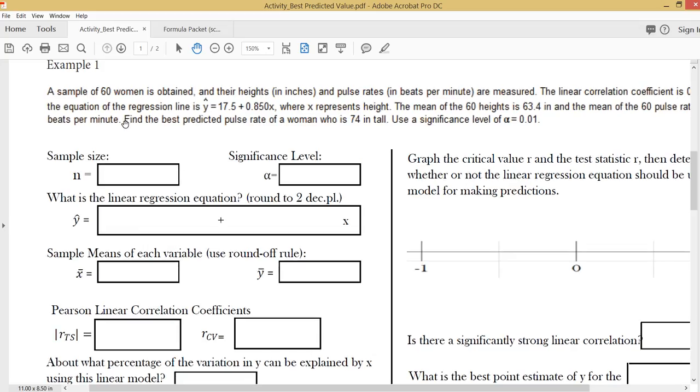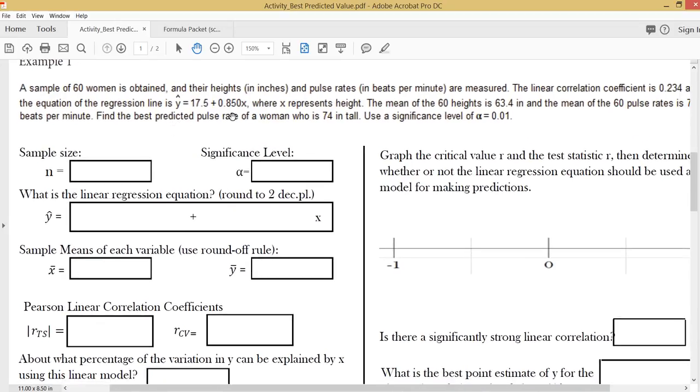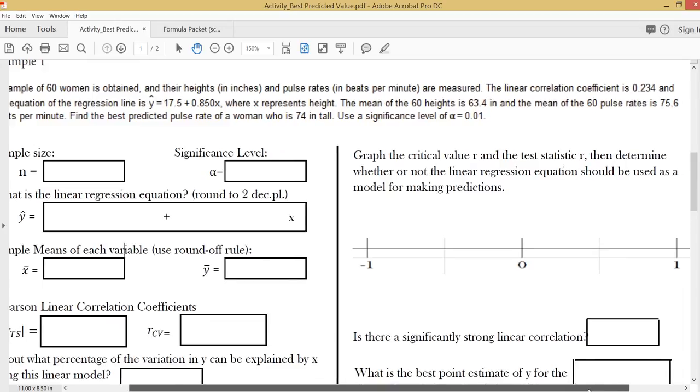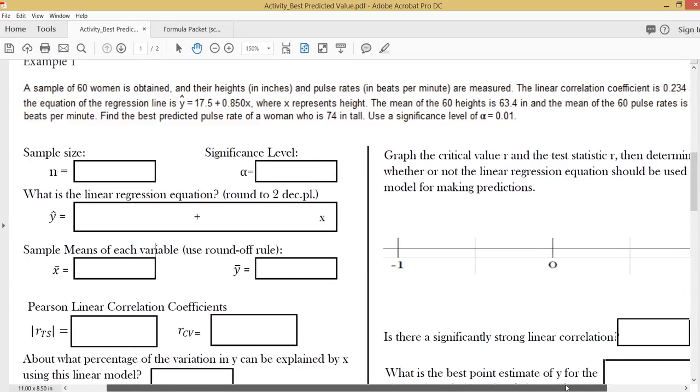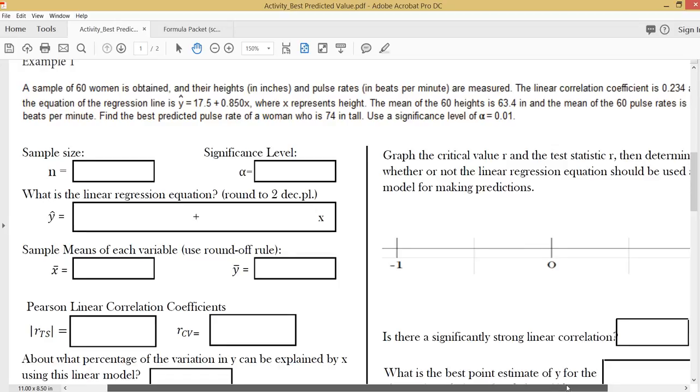It says a sample of 60 women is obtained and their heights in inches and pulse rates in beats per minute are measured. The linear correlation coefficient is 0.234, and the equation of the regression line is y hat equals 17.5 plus 0.85 times x, where x represents height.